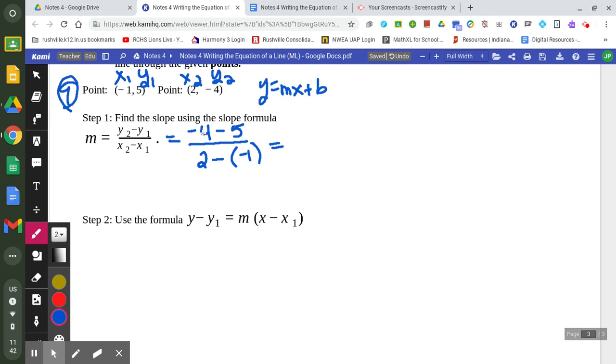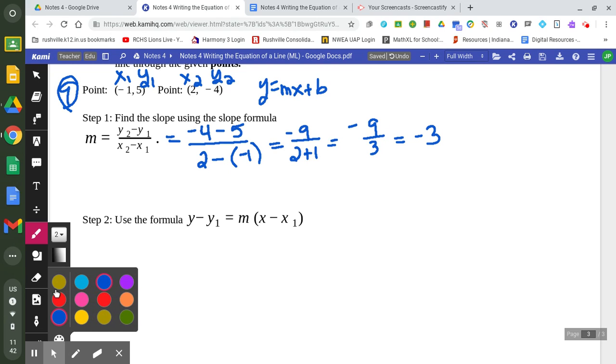And then negative 4 minus 5 is negative 9. And this becomes 2 plus 1. So now that becomes negative 9 over positive 3, which reduces to negative 3. So our slope is negative 3. So then we come down and use our point slope formula.